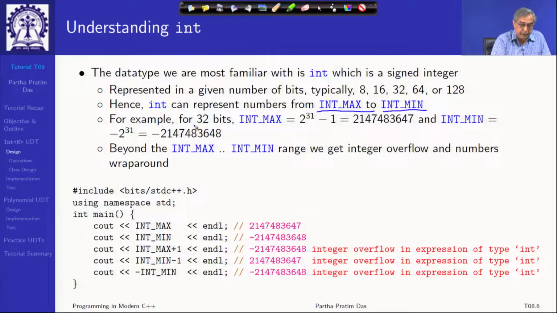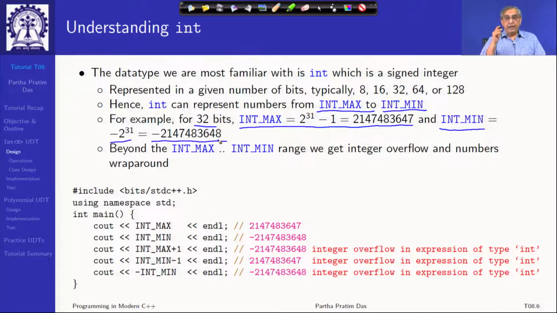For example, if you are using 32 bits, then int max, the maximum integer that you can represent, is naturally 2 to the power 31 minus 1, which is this number, 2147483647, and int min, the maximum negative number that you can represent, is minus 2 to the power 31, which is this number. Naturally, on the positive side you have one number less, because 0 is counted on the positive side.